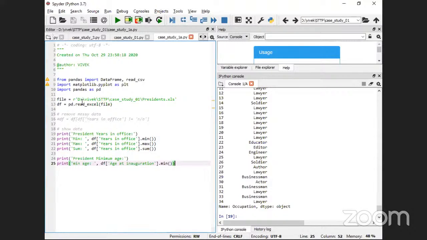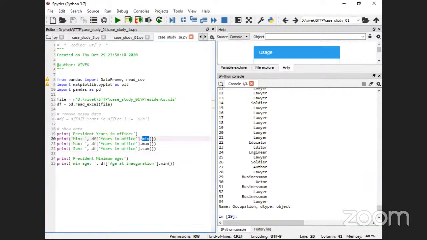The same data frame is used, which I extracted from pandas. I have used the field years in office, where I'm looking to get the minimum time a president was in that post, the maximum years, and the sum.